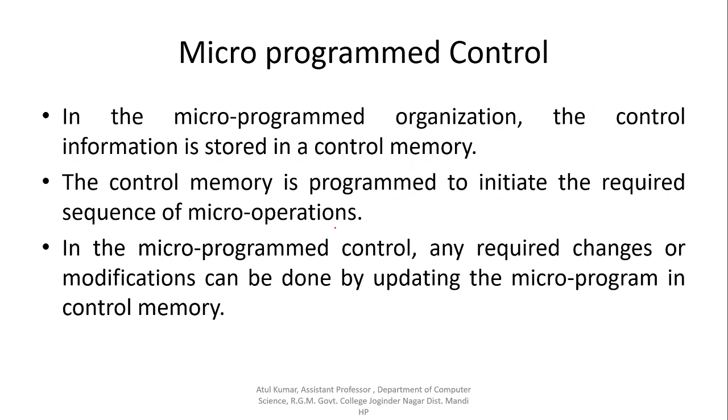But in case of microprogrammed control, the control information is stored in the control memory. So there is a control memory in microprogrammed control, and this information is stored in it. The control memory is programmed to initiate the required sequence of micro operations.